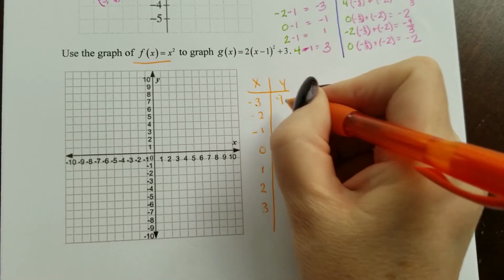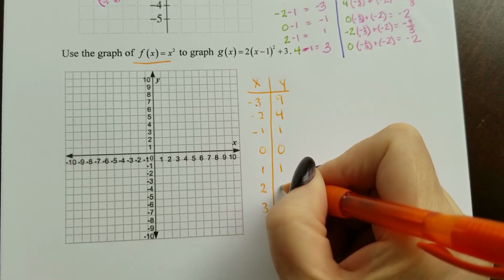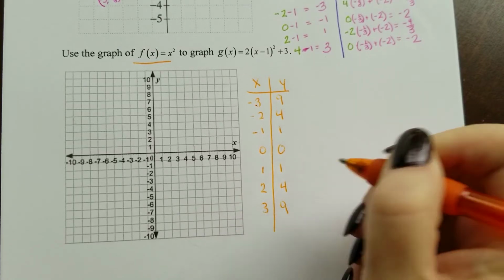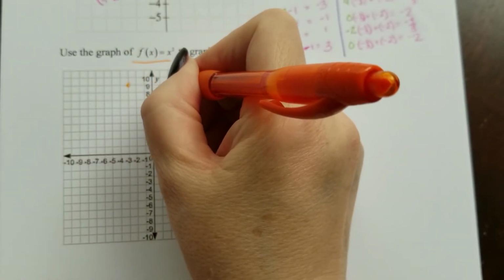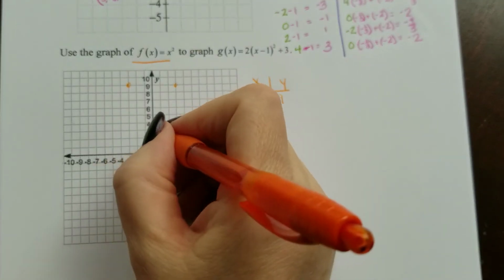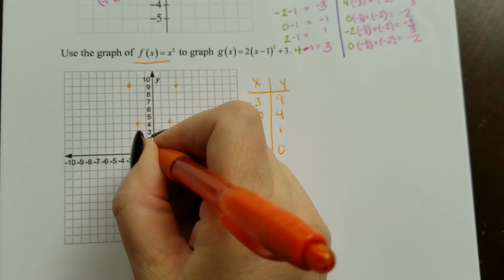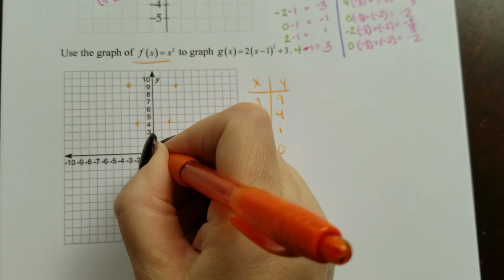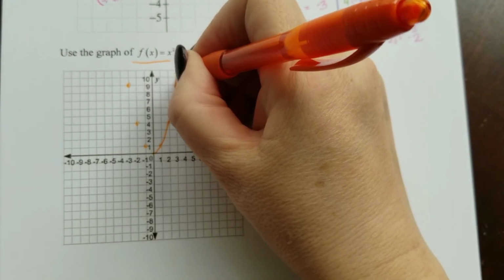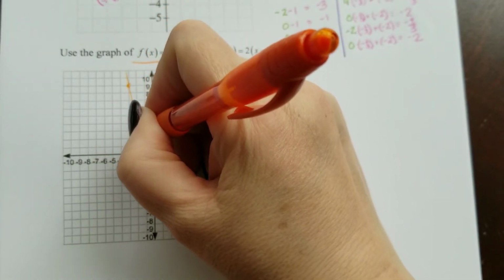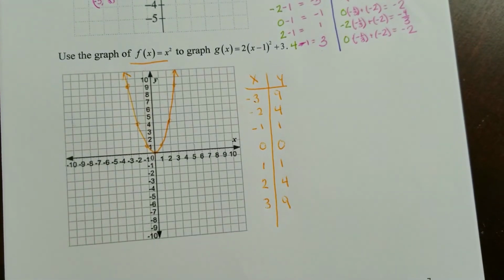Squared is 9, then 4, 1, 0, 1, 4, and 9. Let's put those points on there. 2 is at 4. And that's a lovely little parabola. That's our parent quadratic function, if you remember that.